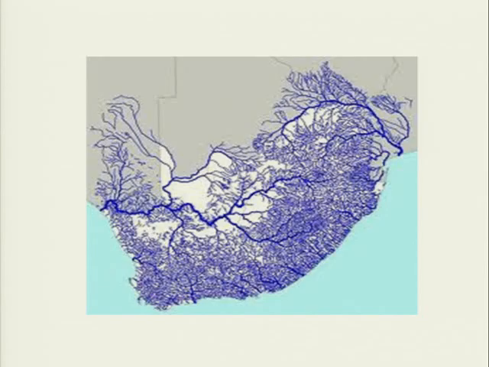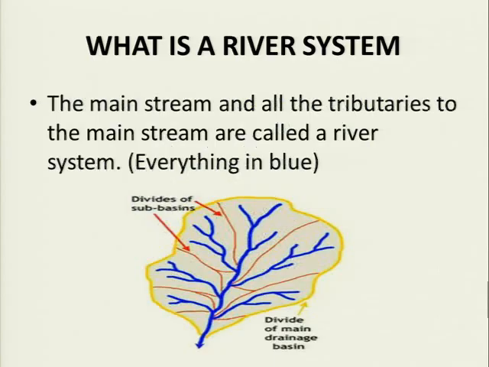Remember, we said a drainage basin is the total area covered by a river and its tributaries. Now we come to a river system. Do you remember I told you, do not mix up the two definitions. The river system, guys, is the main stream and all the tributaries to the main stream. So in the picture on the screen, you will see that that is everything in blue. Now, let's go back to drainage basin.